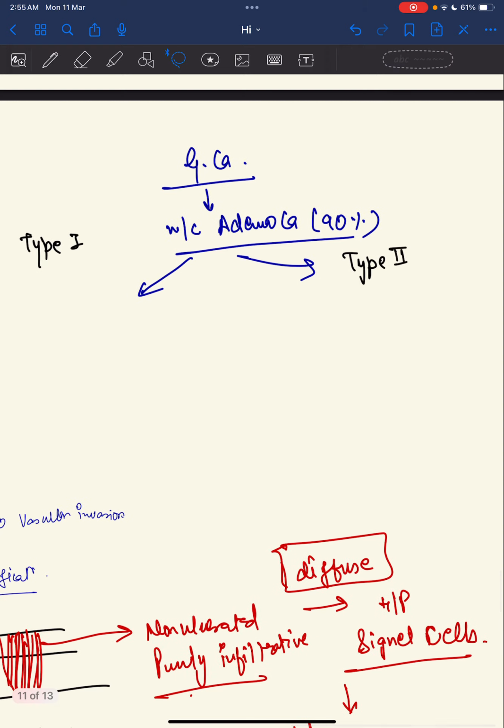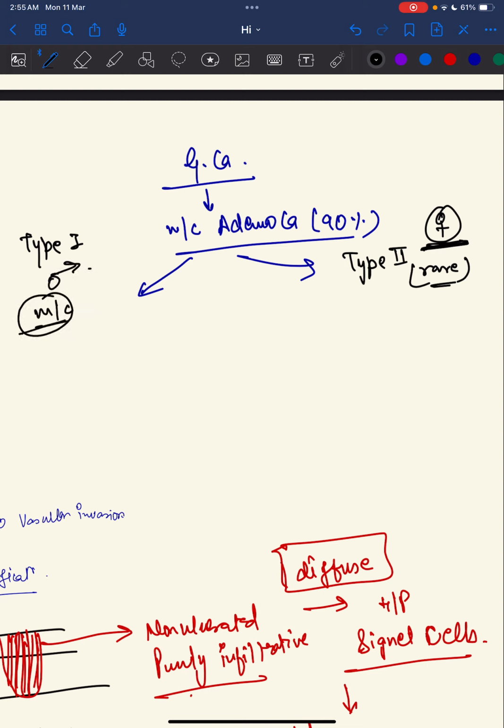Type 2 is most common in females, and it is a rare one. In India, females are fewer, that is the sex ratio is less, so it's a rare one, and type 1 is more common in males, and it is most commonly seen.